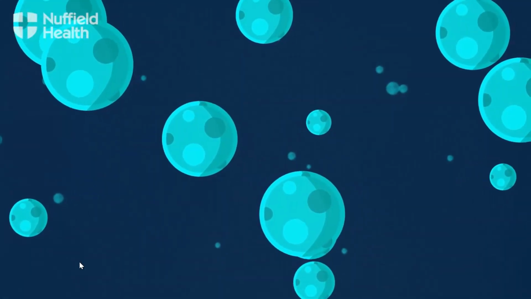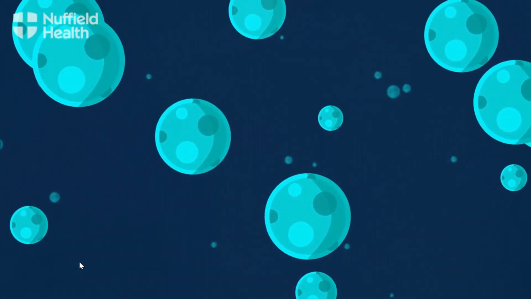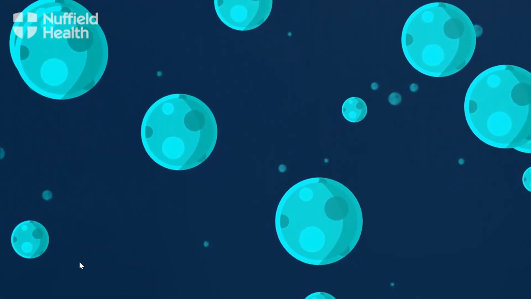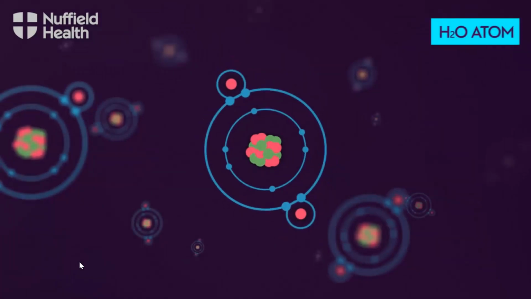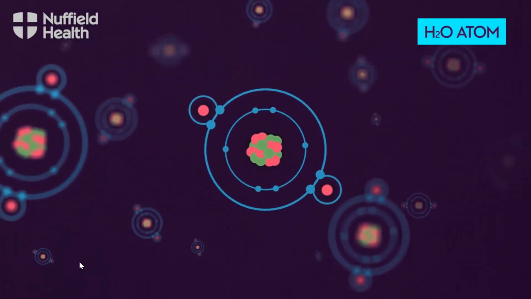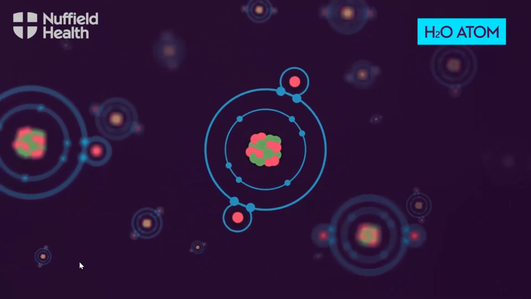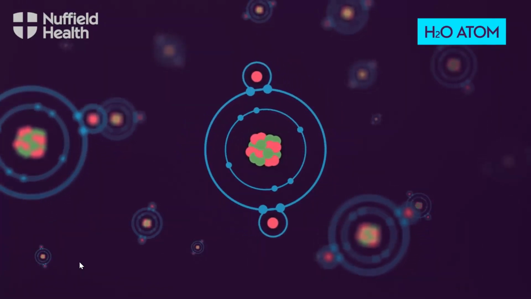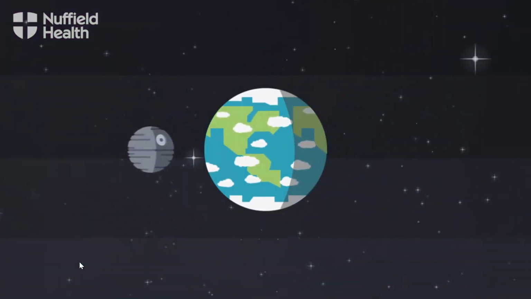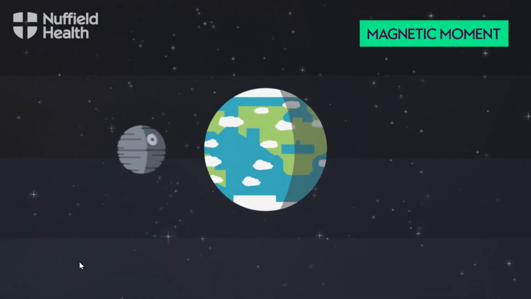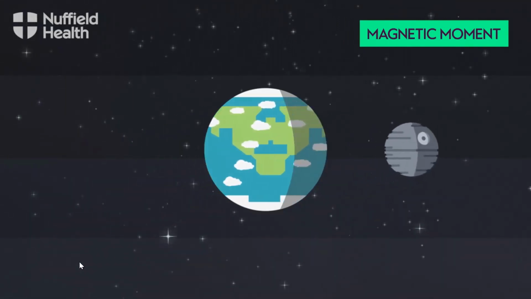These water molecules sit around in nearly all parts of your body, and under normal conditions, they float around happy and carefree. The atomic structure of water includes 2 hydrogen atoms and 1 oxygen atom, hence the H2O, and it's the hydrogen nuclei, or protons, that are important. Just like the Earth, each proton spins on an axis, giving it what's called a magnetic moment, basically a north and south pole.